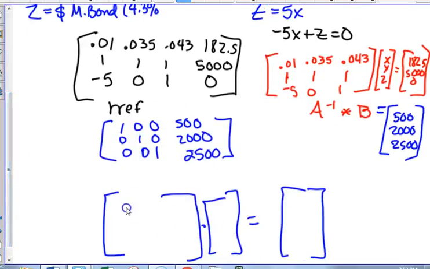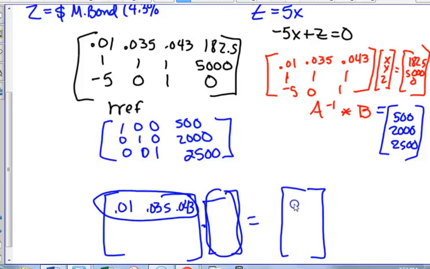Remember how matrix multiplication went row times column? Kind of remember that? So if I multiplied 0.01 times x plus 0.035 times y plus 0.043 times z, I get 182.50. That's why it works that way, okay?